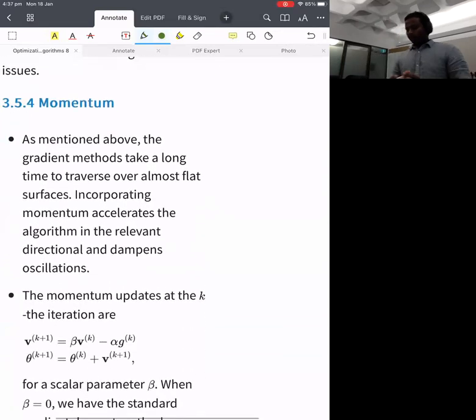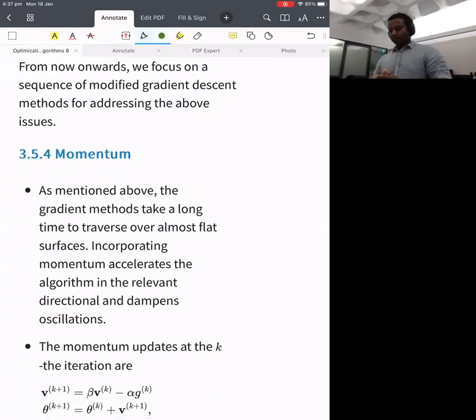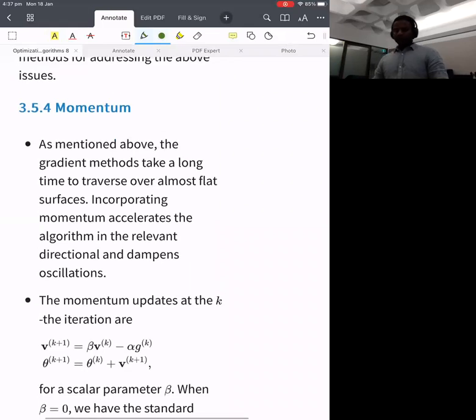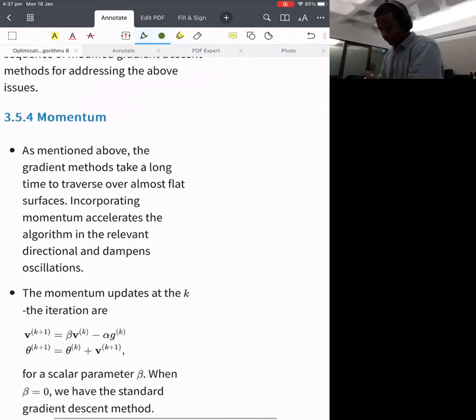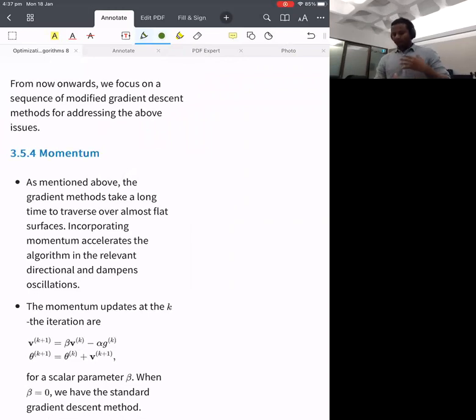Keeping these issues in mind, there are several ideas proposed, and we will look into them in increasing order of their efficiency. The first approach is adding momentum to the method. Can anyone say why momentum makes sense?